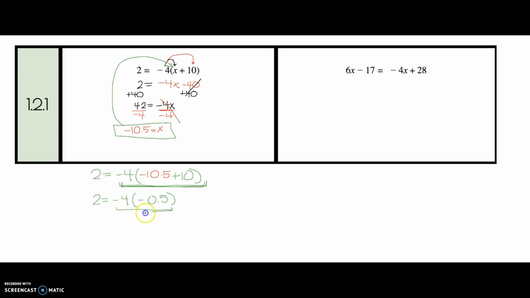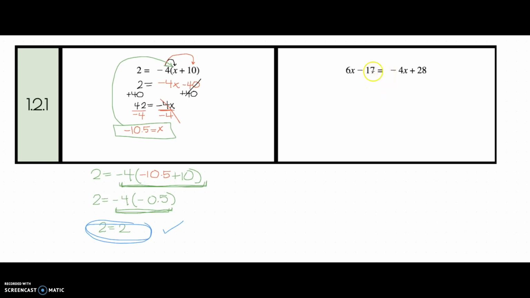And then -4 times -1/2, or -0.5, gives me a +2. Now I need to look at my answer and ask myself, is this true? Well, yes, 2 equals 2, so we are correct. If it was not true, then I would know that I did something wrong, so I'd want to go back in and fix it.